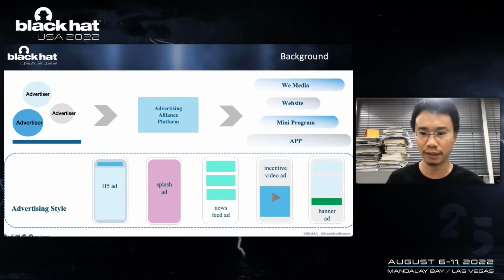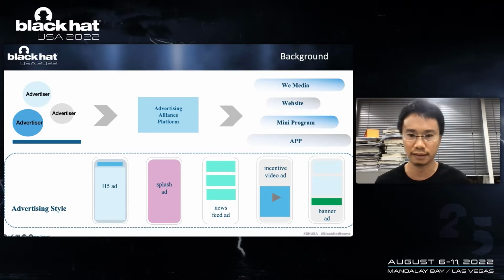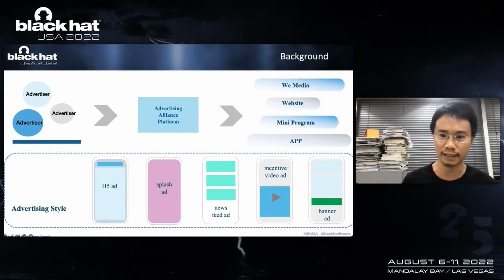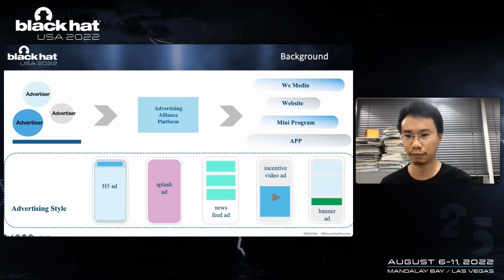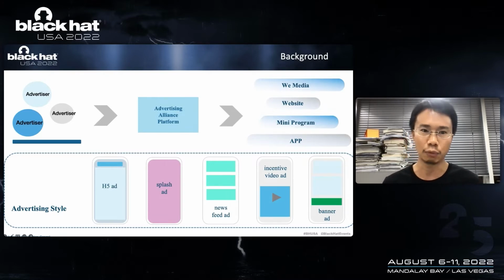Then the internet company usually tries to break the limitation of displaying advertisements only on their own media, such as websites and apps. They start to open the advertiser library to third parties. That is the form of the so-called advertising alliance platform.